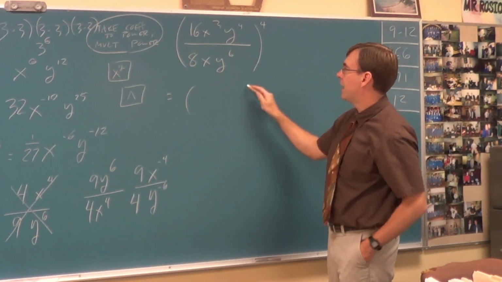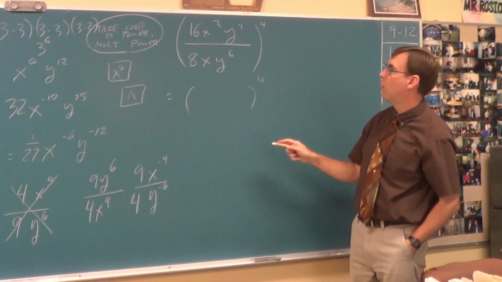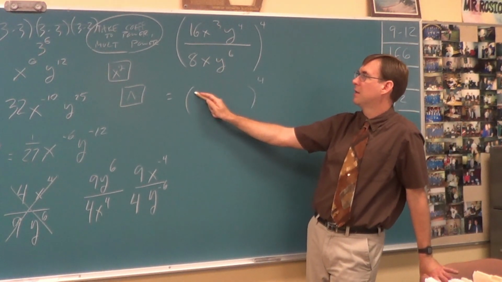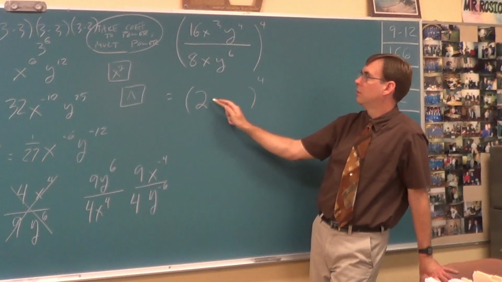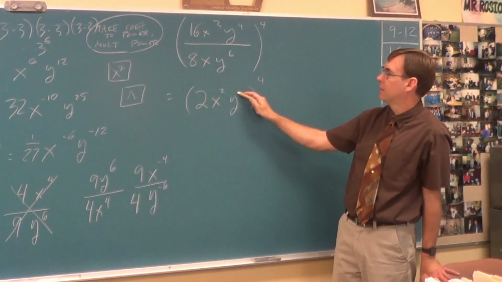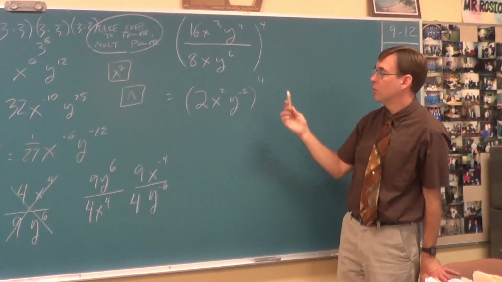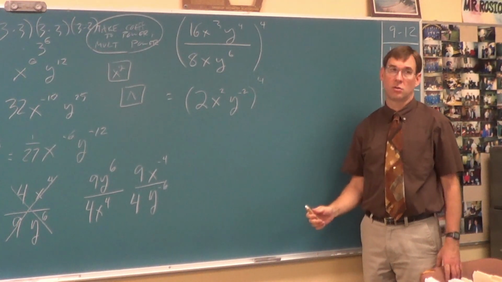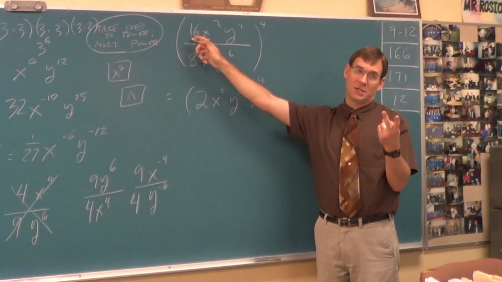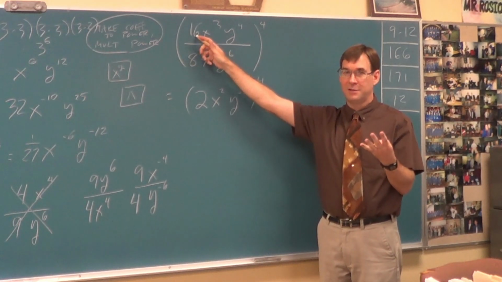So here, I'd leave the parentheses, I'd leave the 4, I would just look to do the divide. So coefficients make 2, x's make 2, y's make negative 2, that would all be fine as a first start. Could you have gone 16 times 16 times 16 times 16?